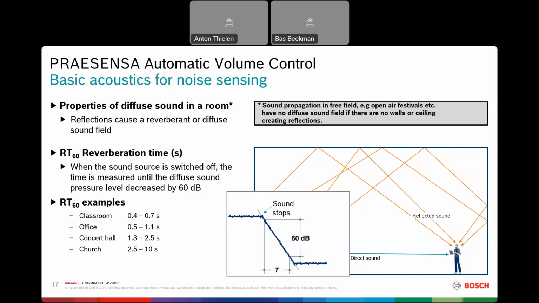For example, a classroom would be about half a second. When you look at a concert hall, there you must have more reverberation time for a nice sound. But in a church, it goes maybe up to even 10 seconds, which then has a large influence on intelligibility. So these are some RT60 examples.